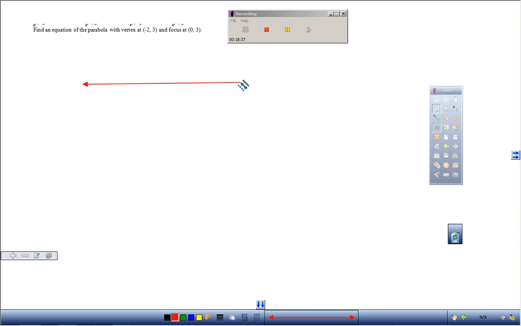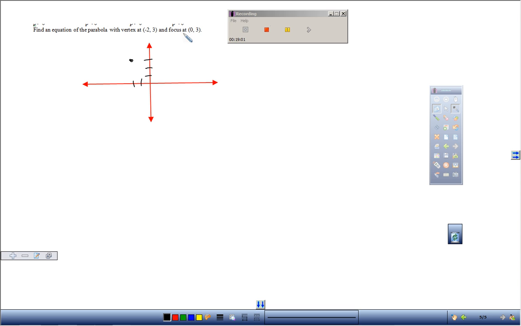So I'm going to try to draw an XY axis right here. Find the equation with the vertex at (-2, 3) and focus at (0, 3). So I'm going to draw in the point (-2, 3), which is about here.